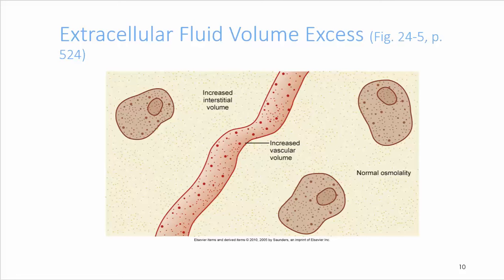Another common cause of this is excessive IV fluid introduction. So things like Ringer's lactate and the isotonic fluids. And this is why you have to so carefully monitor the flow rates of this and input, output, that kind of thing.